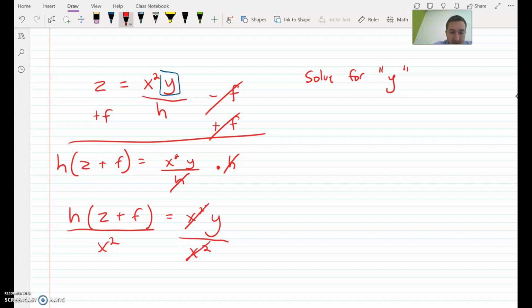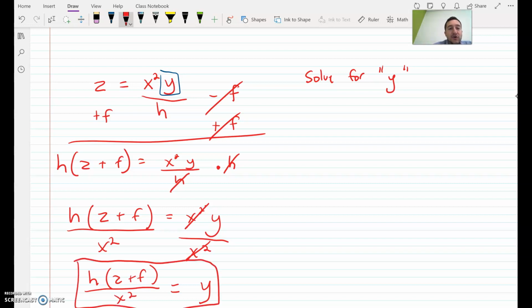It cancels from there, and we're just left with y, which is what we wanted, and our final answer is h multiplied by z plus f, all divided by x squared. That is our answer. We took the original problem and moved things around so now we have y solved for.